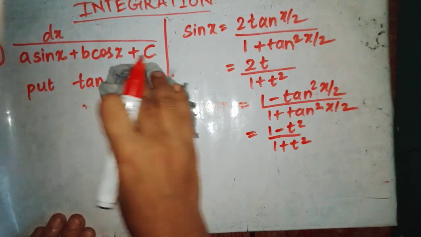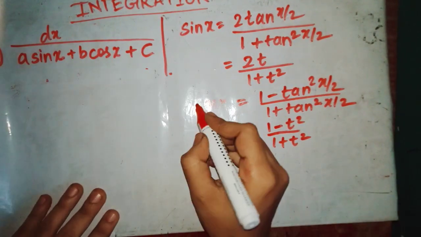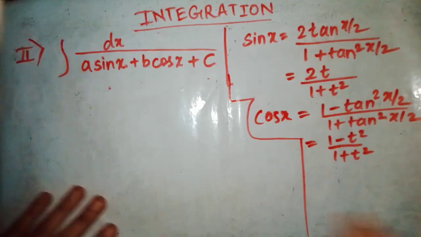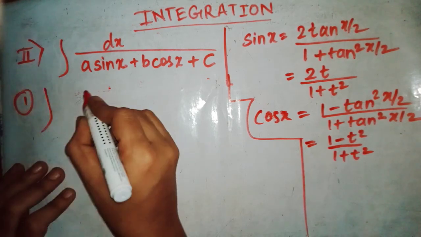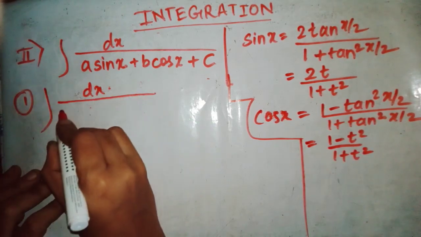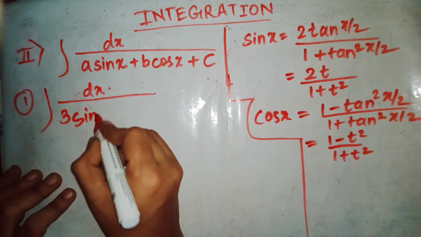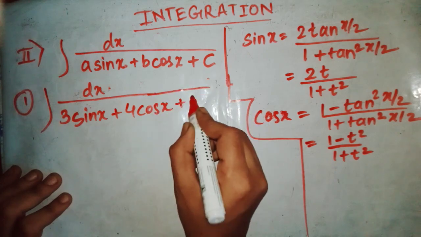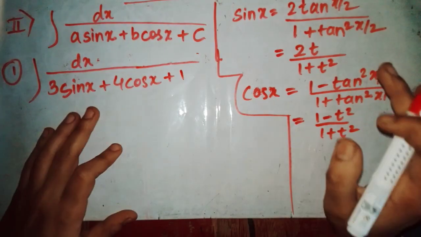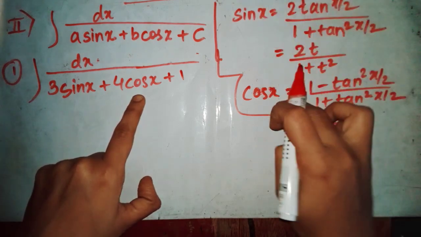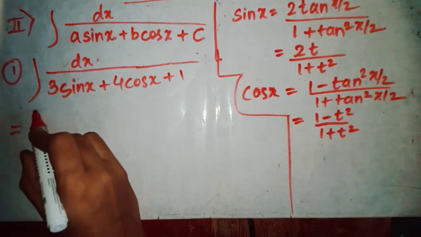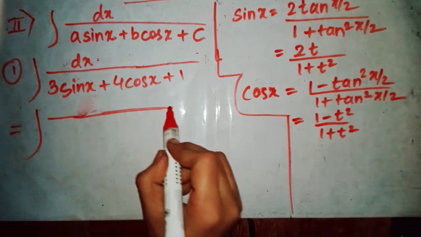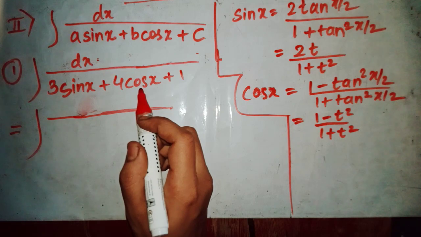Now we'll see one example. Integral dx upon 3 sin x plus 4 cos x plus 1. Okay. So in place of sine and cos, you have to put this. So let's substitute. In place of dx, you have to write 2 dt upon 1 plus t square, which we have derived.